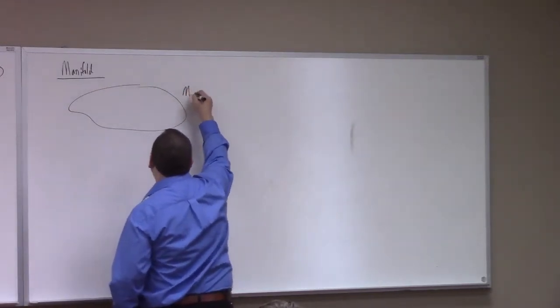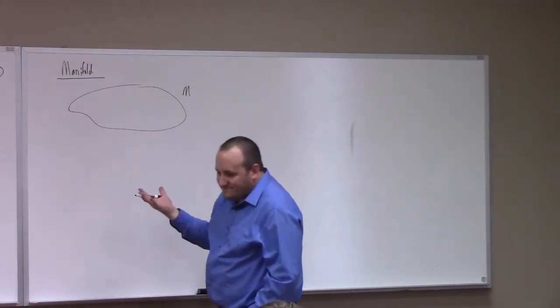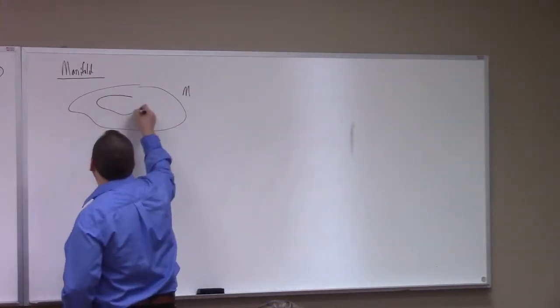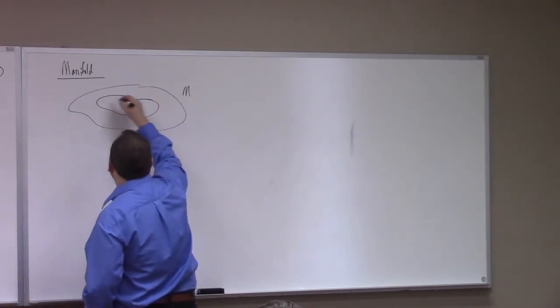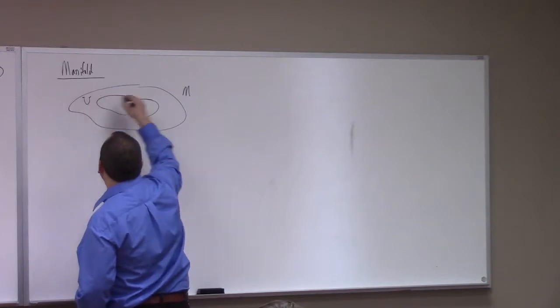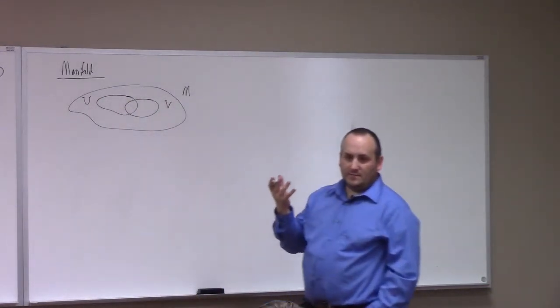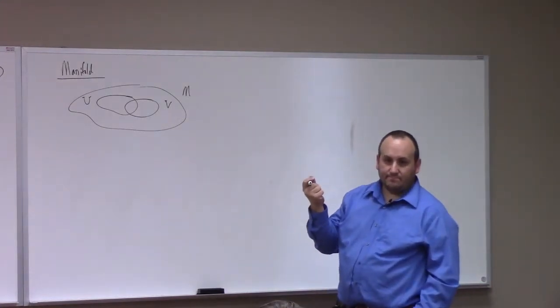So this is a manifold M. What that means, really, is that there are these things called charts. So maybe this is U, maybe this is V. These are open connected subsets of M, which we call charts.